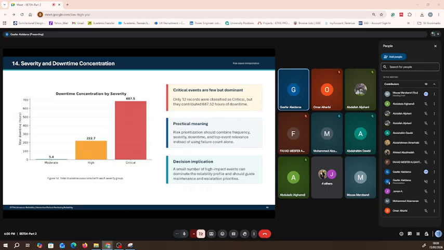This means that a small number of severe events created most of the downtime. This supports a risk-based interpretation, because reliability improvement should not simply count failures. It should combine failure frequency, severity, downtime, and top event relevance.